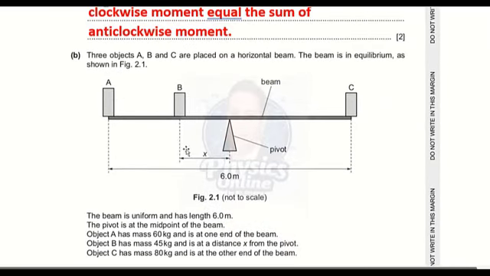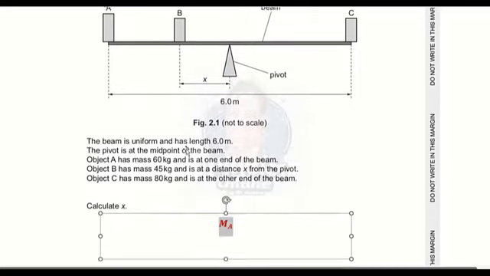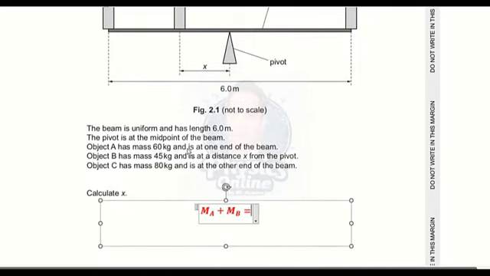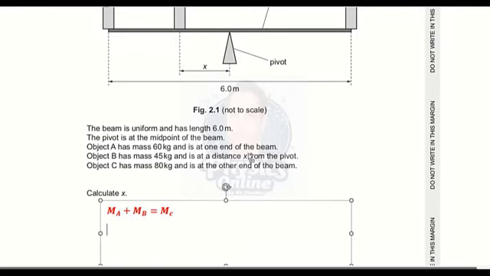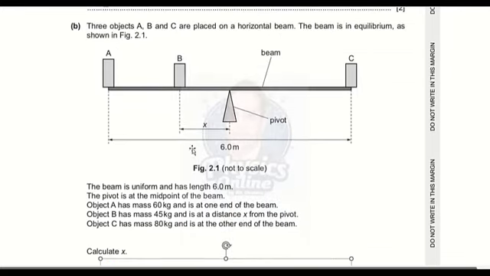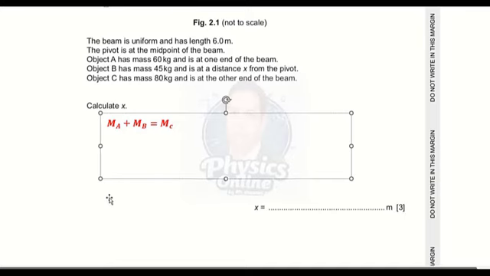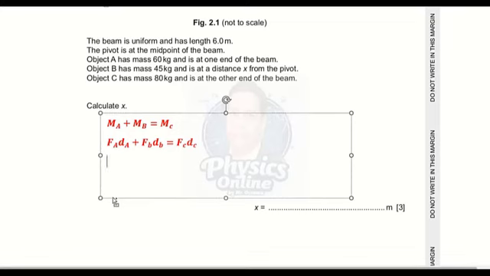Moment of A and moment of B equal the moment of C. Moment of A is the force times the distance. The force here is the mass times gravity.